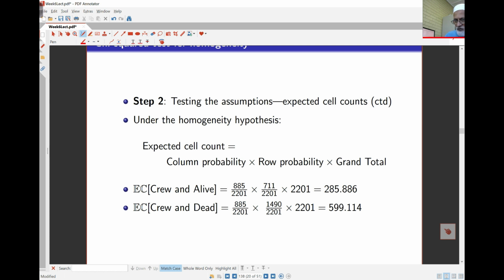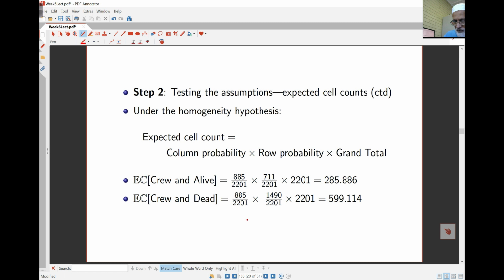It actually works out to be a little bit simpler: the row total times the corresponding column total, divided by the grand total.